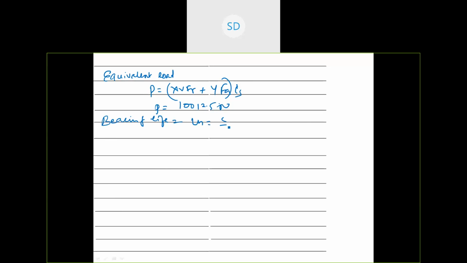So Ln equal to C by P. Now C is 47070. P is 10012.5 to the power of 3. Now check it. Now it is nearly 4.7 to the power of 3.